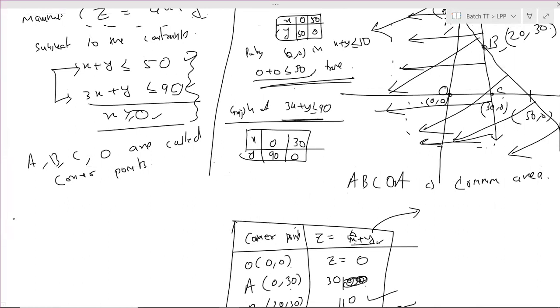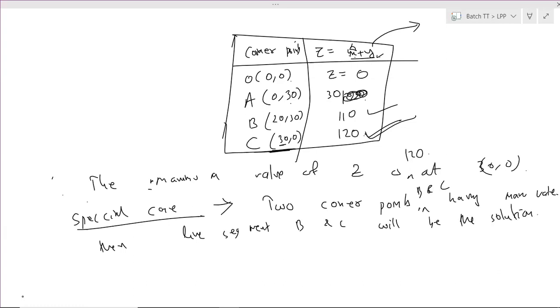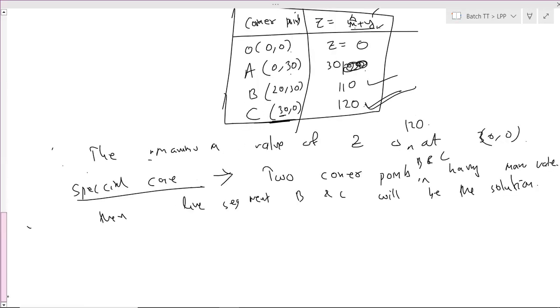The line joining B and C, the whole line segment, is the solution. If two corner points B and C have the maximum value, then the line segment BC will be the solution. I hope it is absolutely clear.